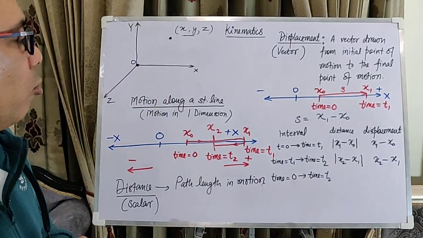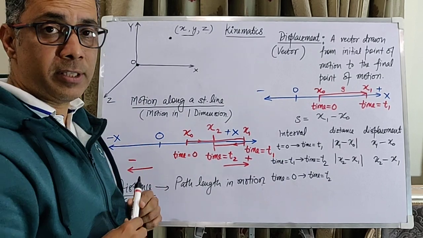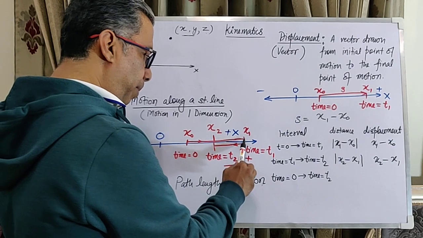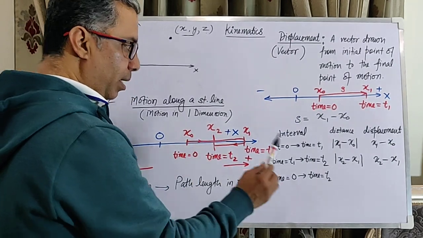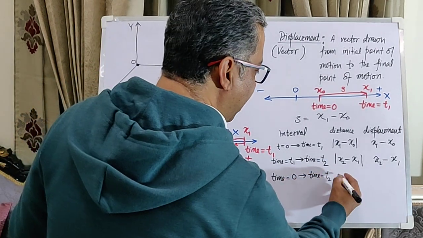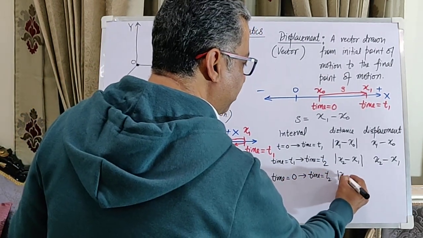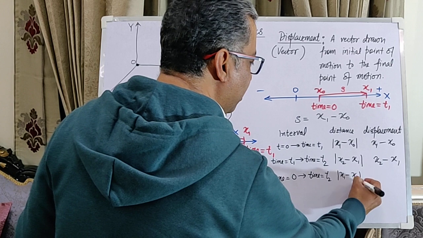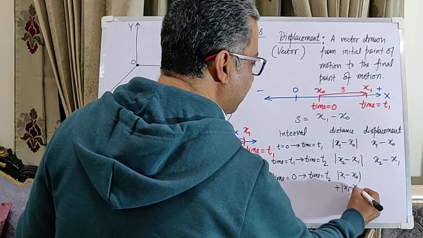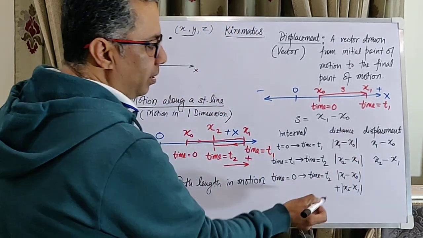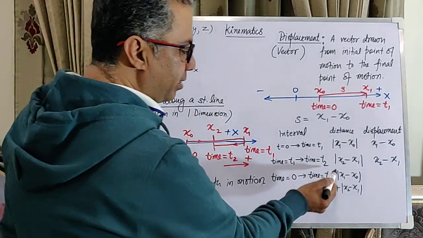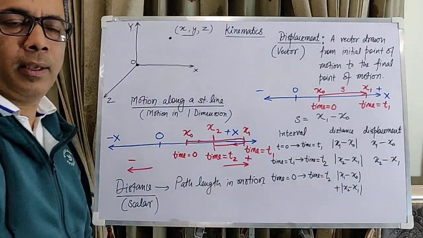Now in this entire motion, when we look at distance, that's the length of the path, it is this length plus this length. Essentially we will be adding these two lengths, and that will be our distance. So x1 minus x0 plus x2 minus x1, the sum of these two lengths, gives us the total distance.